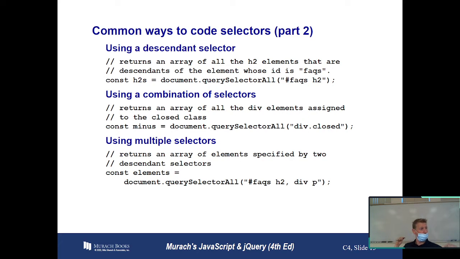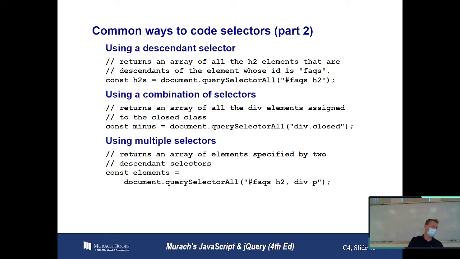Is there an advantage of using the query selectors versus getElementById? Can you mix and match? You can mix and match, that is correct. Why would we use query selector over getElementById? It goes back to HTML and CSS. Can you just give everything an ID? Yes, you could.